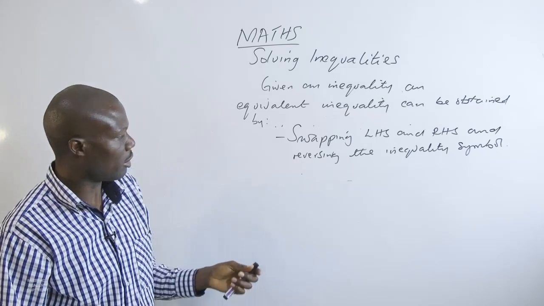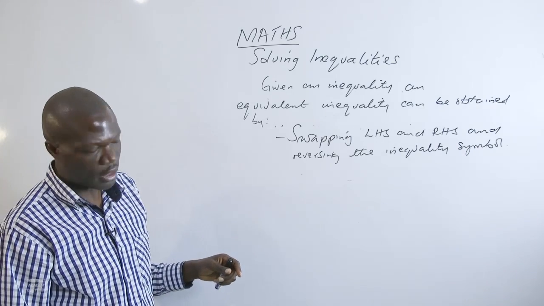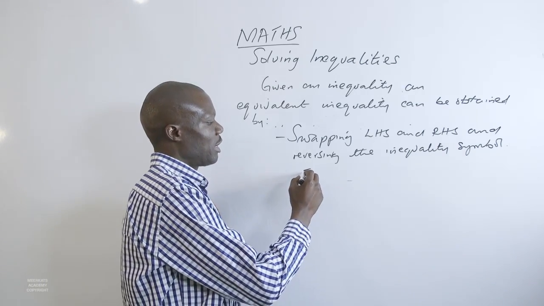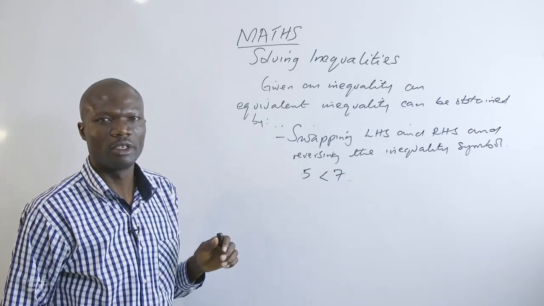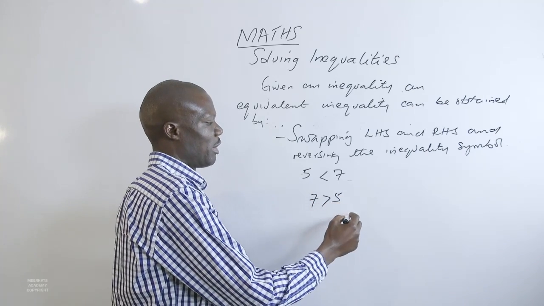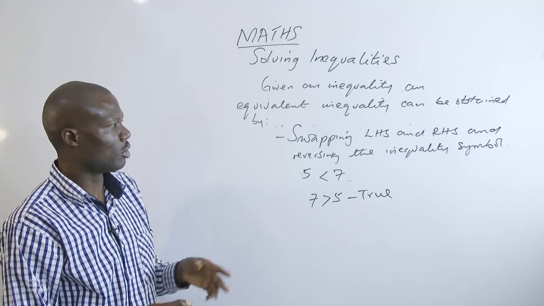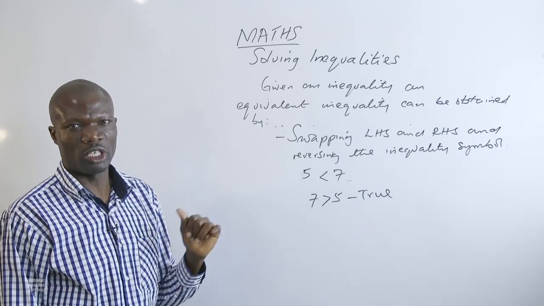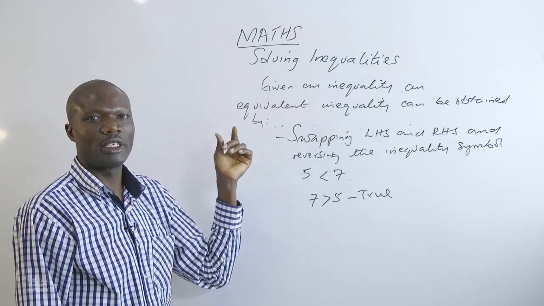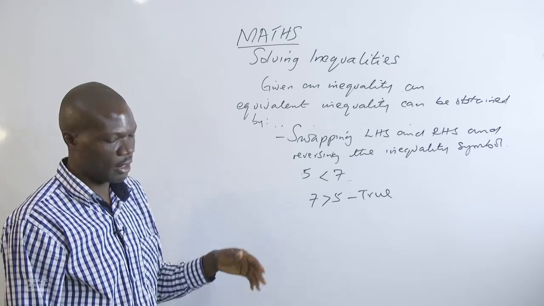That is what you can also do. So for this case, we can simply have an illustration. If you have a statement reading 5 is less than 7, when you swap, it will be 7, reverse the sign, is greater than 5. This statement is true. So all the 4 steps that we've discussed allow us to obtain an equivalent inequality.